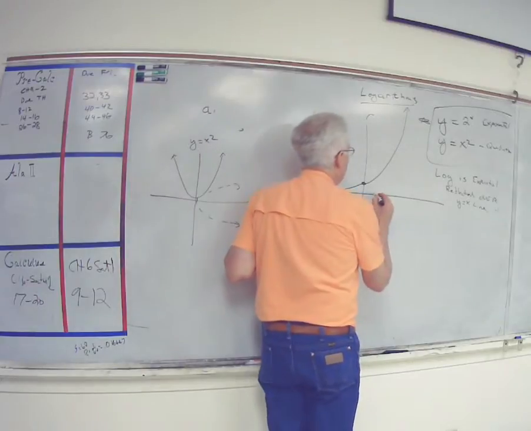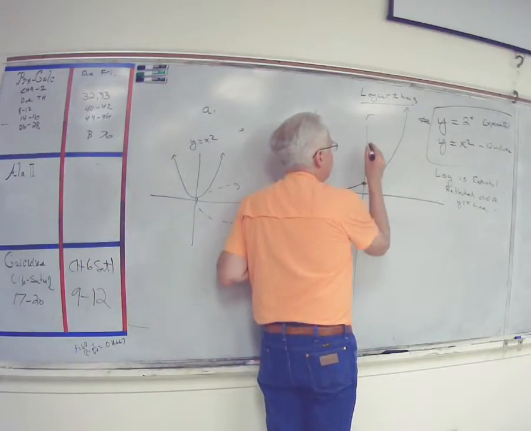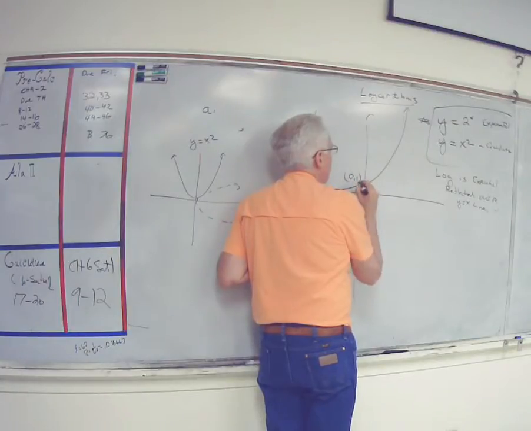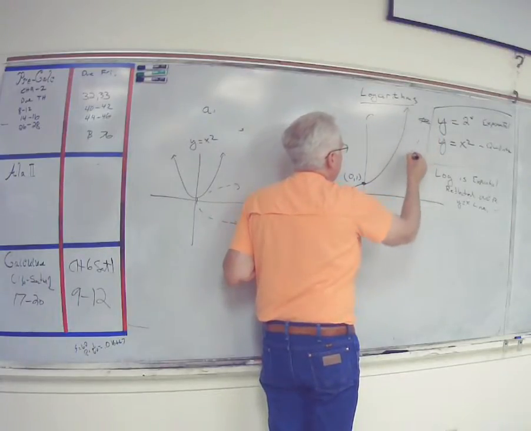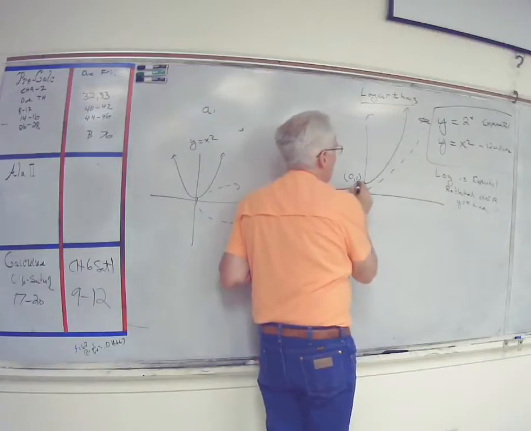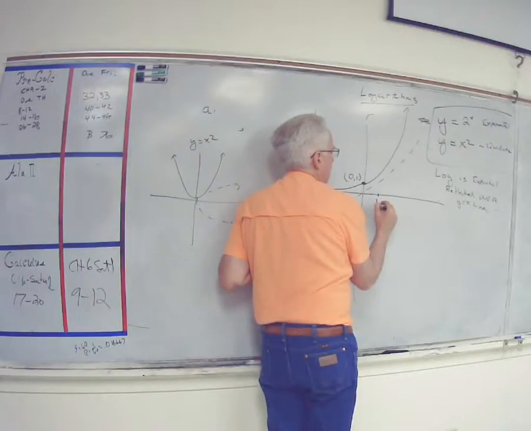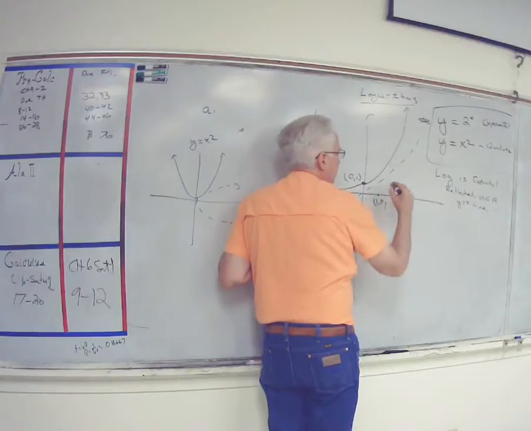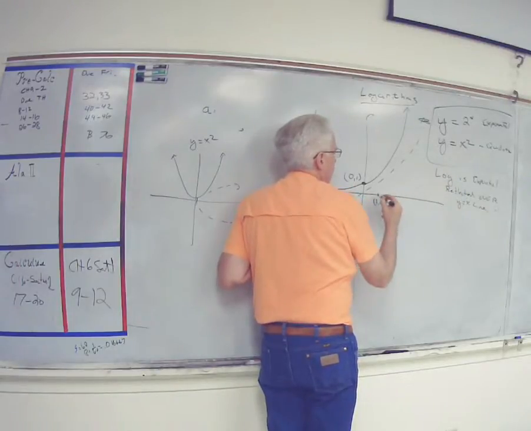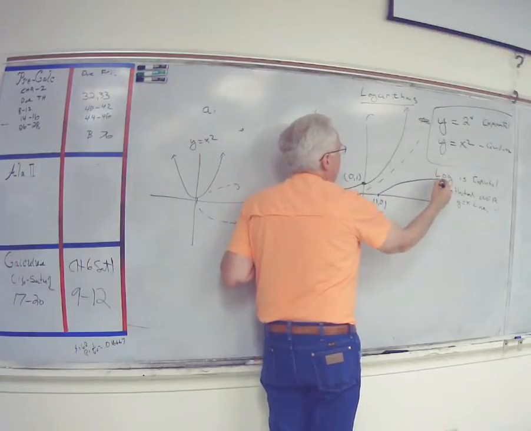So here, if the y-intercept is (0, 1) and we reflect that over y equal x, what is the reflection of this point over y equal x? (1, 0), right? Okay. Now is this going to explode or is this going to lay over? It's going to lay over like that.